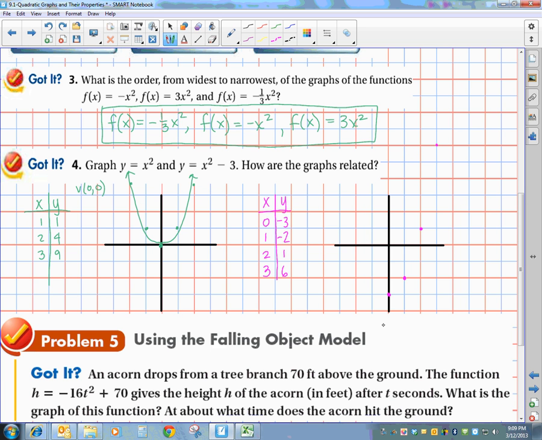Is this my line? So let's put in negative 1. And hopefully you'll see negative 1 squared is 1, and 1 minus 3 is negative 2. So I match this point on this side, which means this one will match. And we have our parabola looking like this.